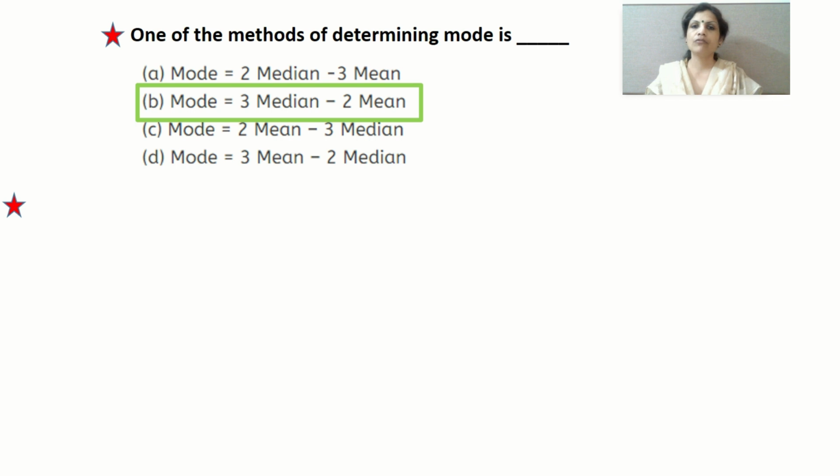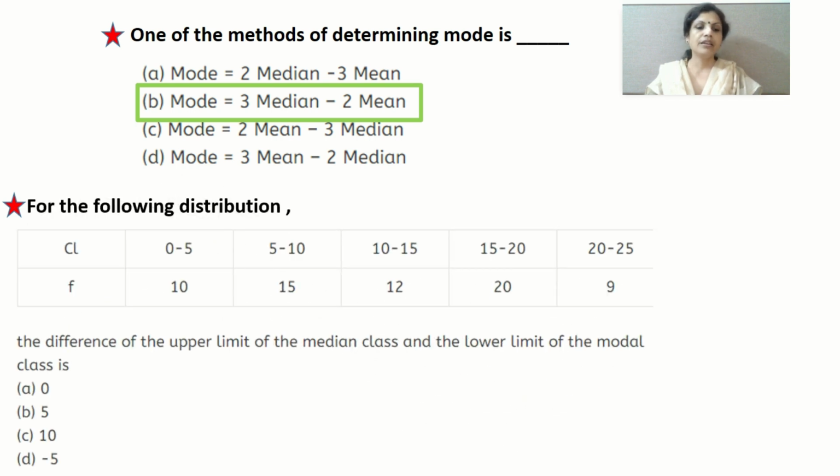Next is, for the following distribution, this is the distribution given to you. The difference of the upper limit of median class and the lower limit of the modal class is. Now for the given distribution, we need to find out which is the median class and which is the modal class.